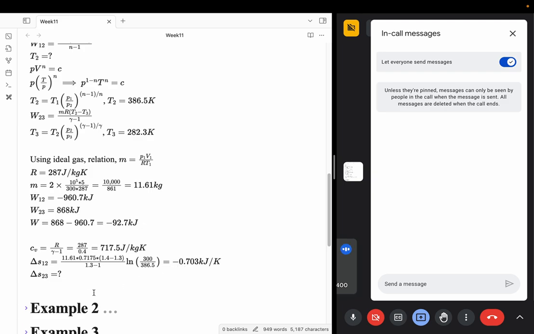So you think this is fine, or is there anything wrong that we have done? It's correct. So how do you explain the negative entropy?